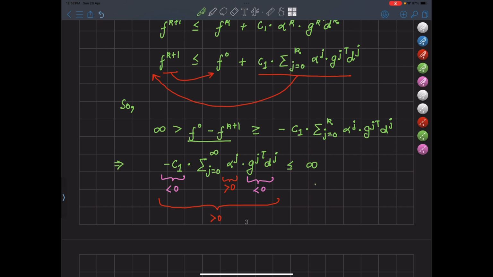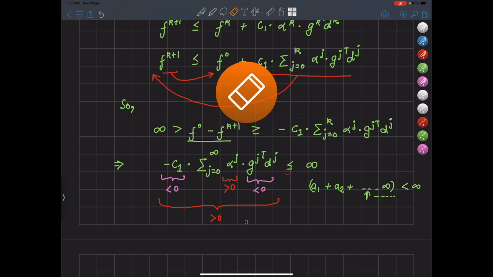Now let's say we have an infinite sum of numbers in which each term is positive, and the sum is less than infinity. What can we infer from that? If this sum of finite numbers is finite, then after a certain point the terms will start getting to be 0, right? I hope it's a logical conclusion.